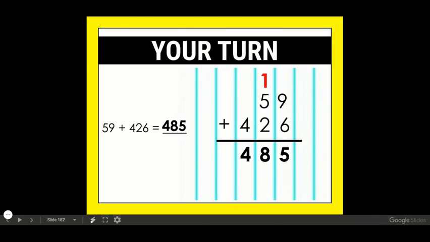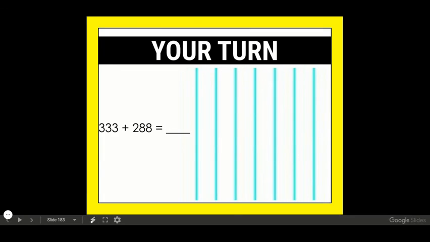Did you get an answer of 485? If you didn't, check mine versus yours and see where you made the mistake and try and solve it again. If you got 485, give yourself a pat on the back. Excellent job.